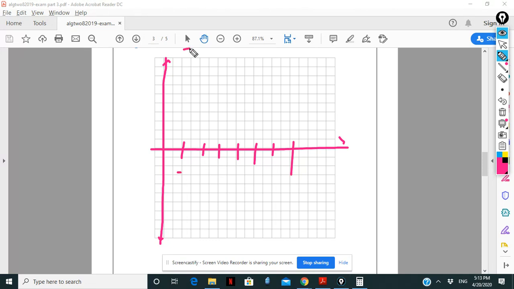Here, let's say that's pi over 4, pi over 2, and here 1, 2, negative 1, negative 2.